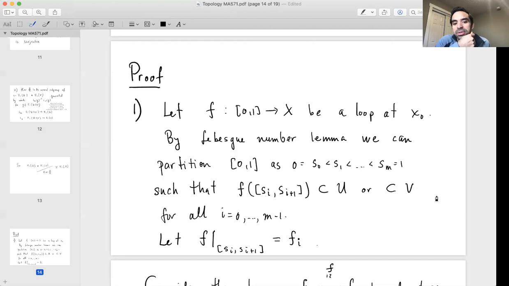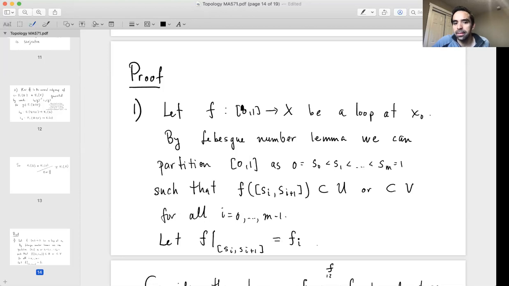Do you guys see how I'm using the Lebesgue number lemma? Let me be a bit more precise. X is covered by U and V. So if I take the pre-images of U and V along f, I get a covering of 0, 1.